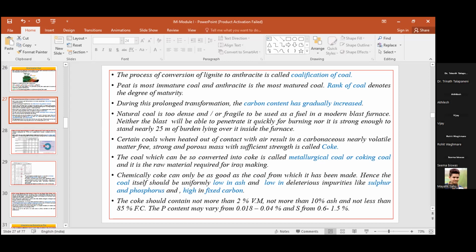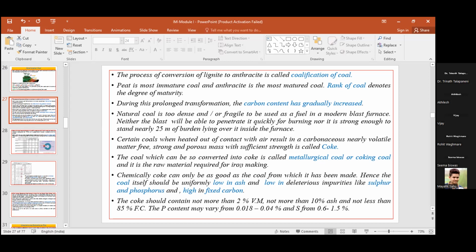And if you subject this kind of coal to the coke making process, then you will end up with a good quality coke having VM, that is volatile matter, less than 2%, ash content not more than 10%, and the most important thing is fixed carbon having a minimum of 85%.